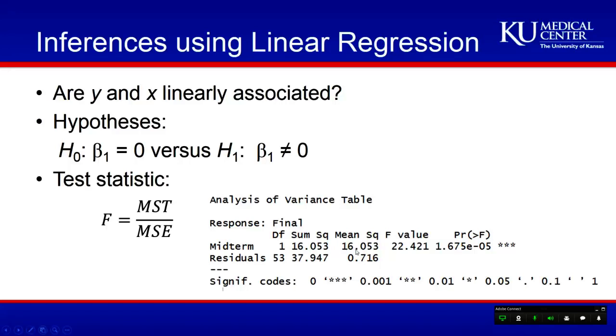So this variance is the variance in the outcome that includes not only the error variation, but also variation that we want to attribute to the independent variable here, which is midterm. So we can see that it's large relative to the error variance.